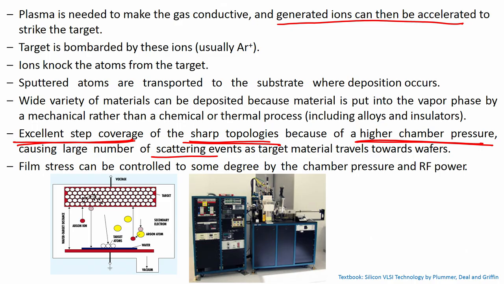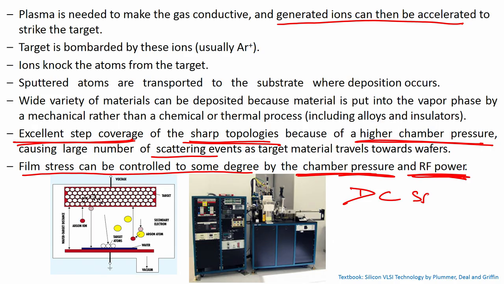Next, the film stress can be controlled to some degree by chamber pressure and RF power. There are several types of sputtering: DC sputtering, which you can see here, then RF sputtering, and RF magnetron sputtering.